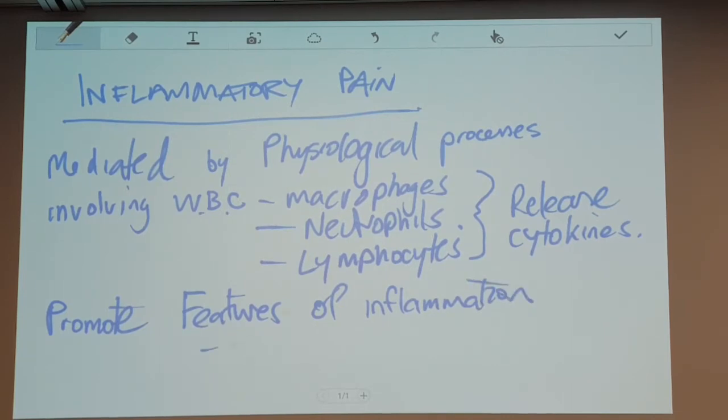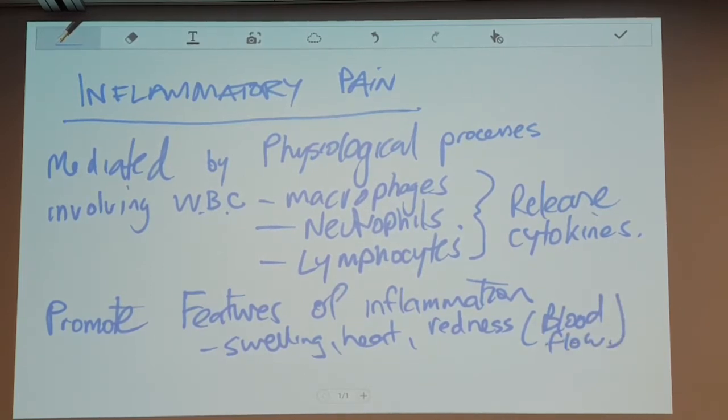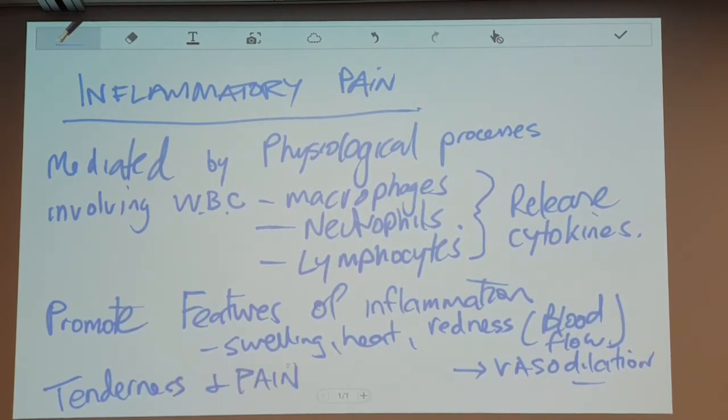Okay, things like swelling, heat, redness, which is secondary to blood flow. And how does blood flow occur? It occurs by vasodilation. And then, of course, that all results in tenderness and pain.